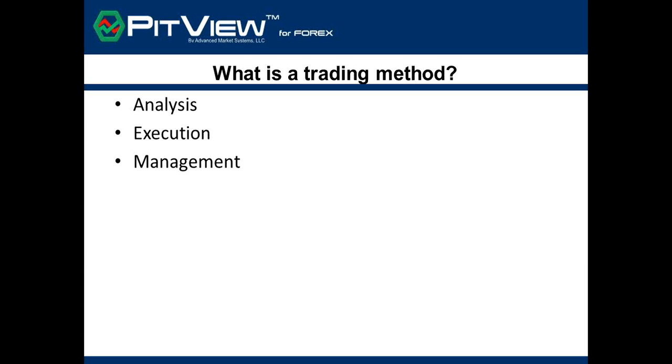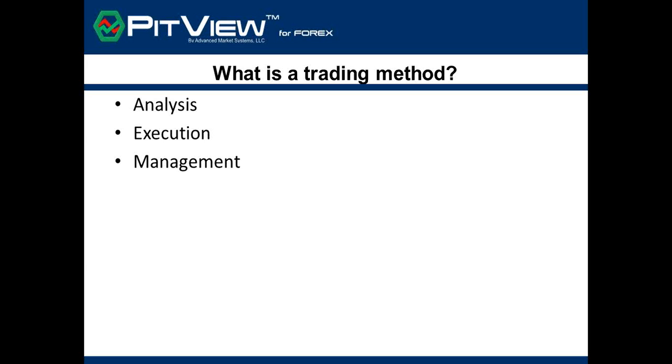When I talk about a trading method, it all comes down to these three simple things, because I can't put too much into it. Analysis is being able to create a view. Where a lot of retail traders go wrong is not being able to formulate their own opinion on what's happening. So you analyze the market, formulate your own opinion, and then execute off that opinion.